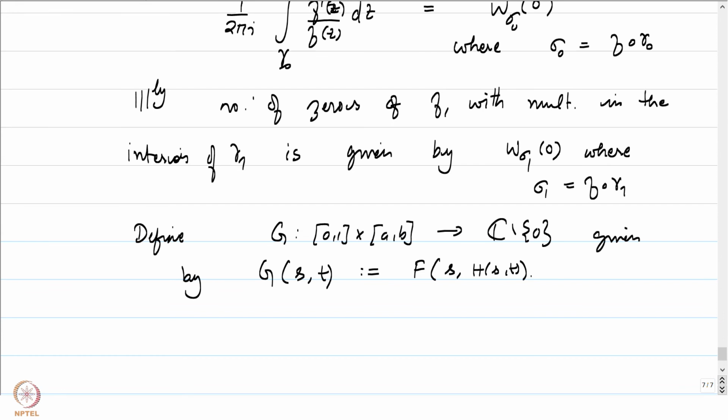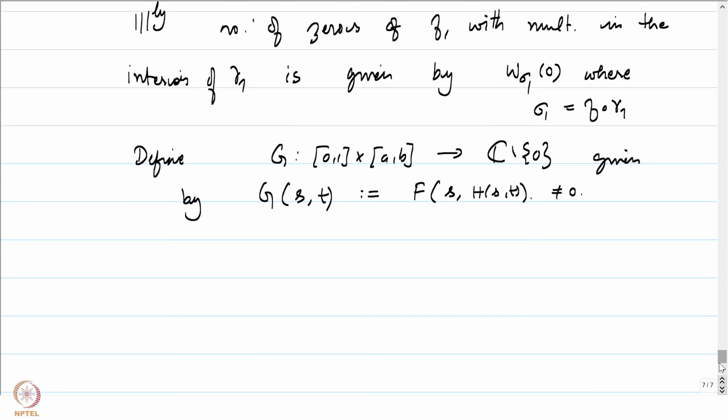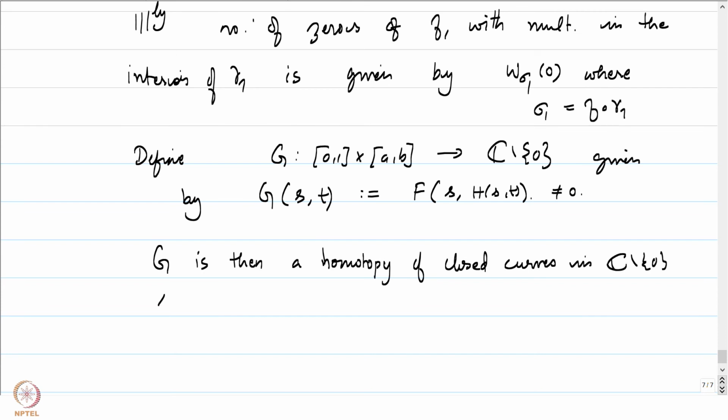Notice that we did put the condition that this is not equal to 0, and being a composition of continuous functions, g is a continuous function, and one can check that g is then a homotopy of closed curves in C minus 0 from sigma_0 to sigma_1.